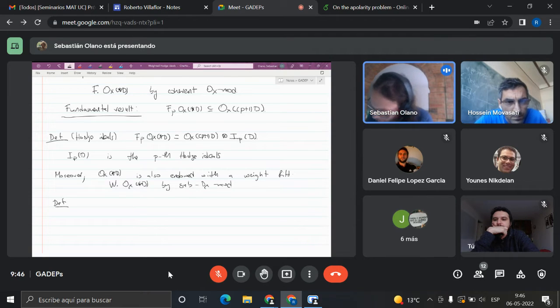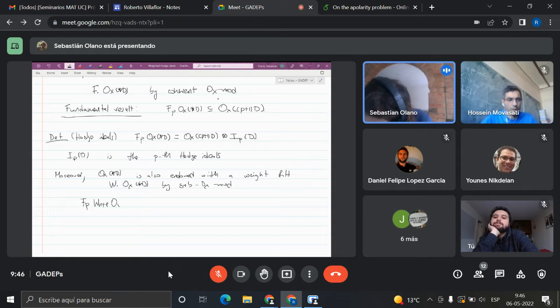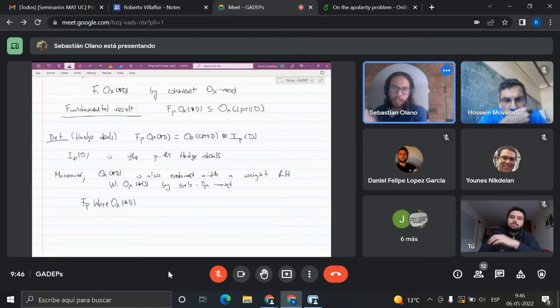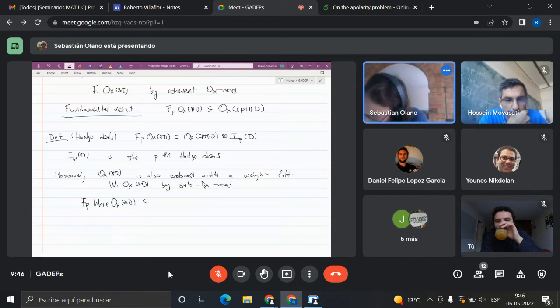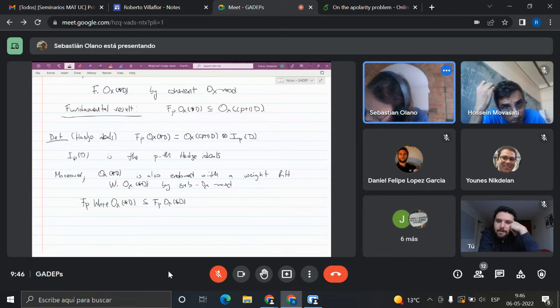And this gives rise to the definition of, okay, so let me add that if I take the Hodge filtration of a piece of O_X(*D), now here I'm writing the weight n plus L because the lowest possible weight is weight n and the highest possible weight is weight 2n. So I just write it as n plus L. This by definition is contained in F_p O_X(*D), which as we said is contained in O_X((p+1)D).